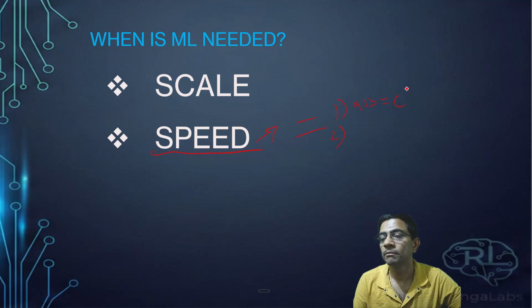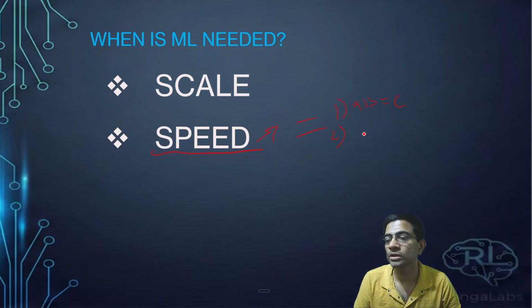But in machine learning, once the formula is derived by the machine learning algorithm itself, after that it becomes faster, because initially machine learning is very slow.